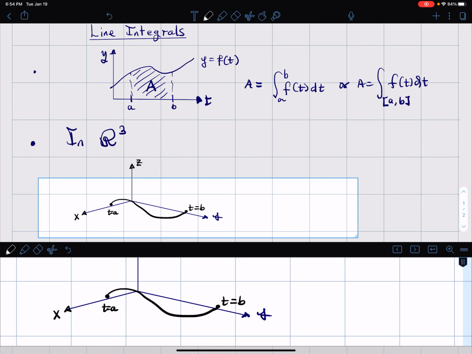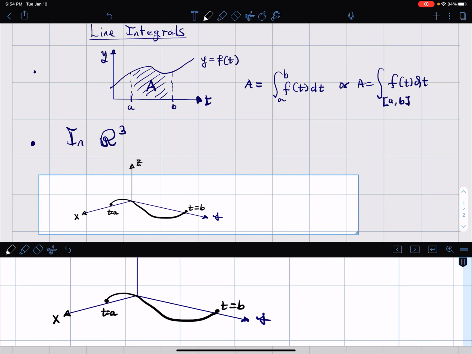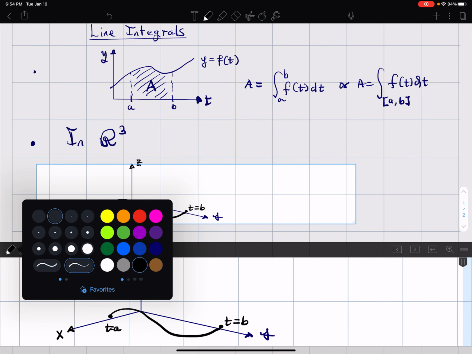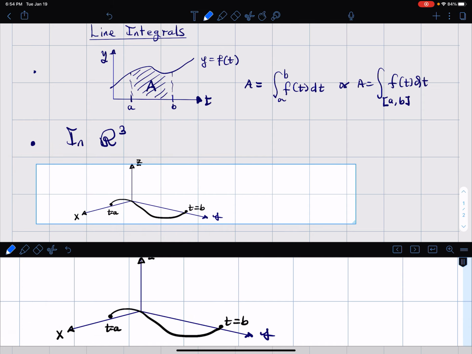Now, think about having a function above this curve. I'm going to make the function light blue. So we have this function above the curve.